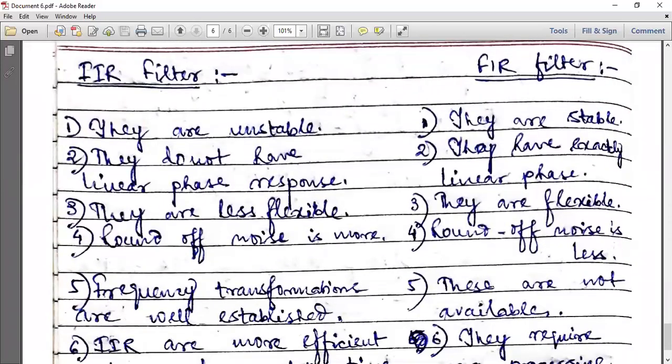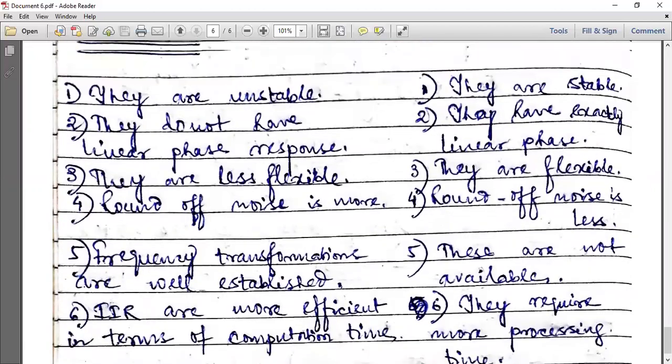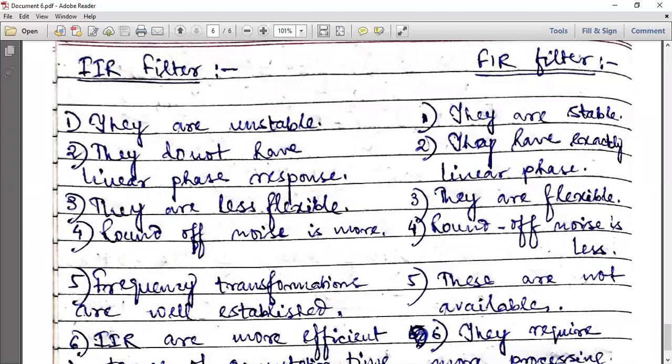So now come to the differences between FIR and IIR filters. I've written 6 differences. There are many more, so you can see the book, but the major differences are these. IIR filters are unstable. FIR filters are stable.